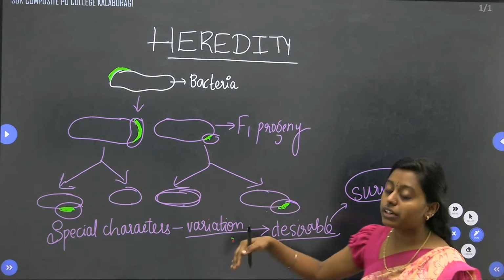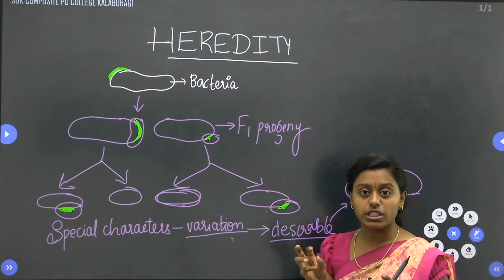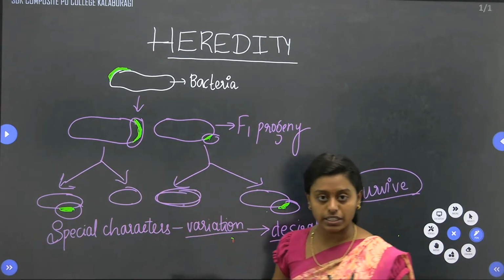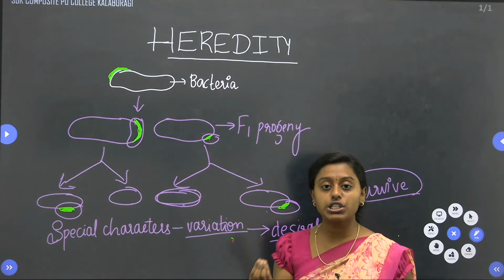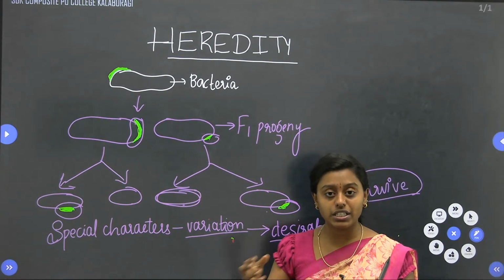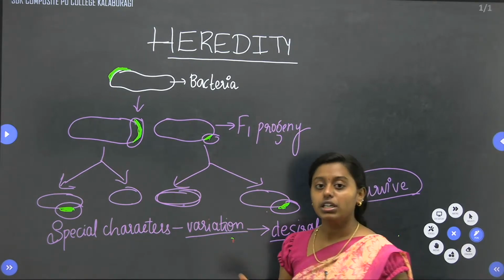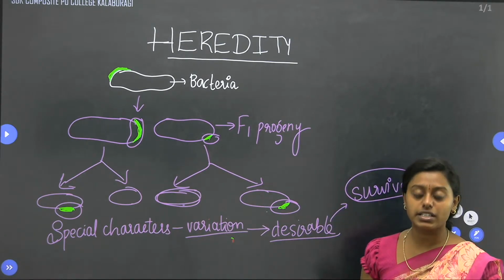During inheritance or heredity, the particular genes will maintain the outline of the organism, whereas some special characteristics or variations produced in each progeny for any generation can be either desirable or undesirable.